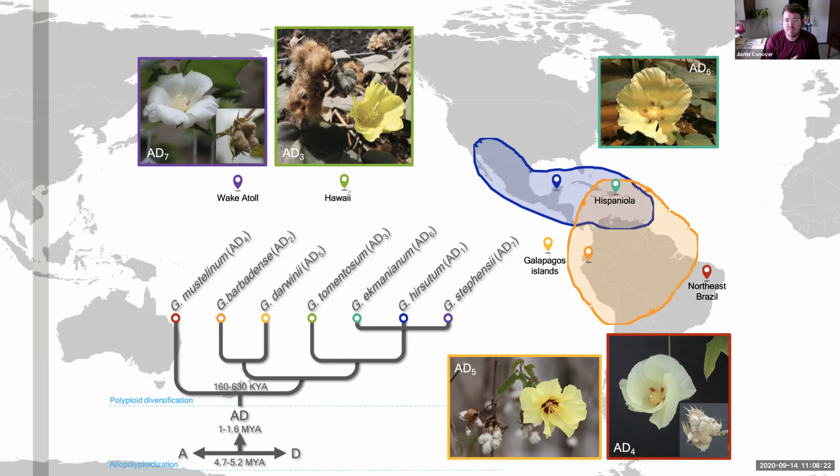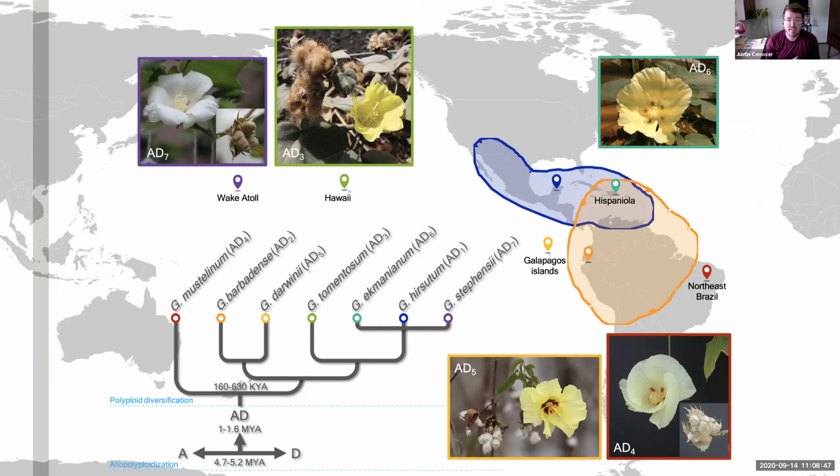They're found mostly in the Americas, with Gossypium hirsutum, or AD1, being the species that most of our cloth is made out of. But Gossypium barbadense, or AD2, is another domesticated species that's the more expensive cottons as well. There's also been a few interoceanic dispersal events.